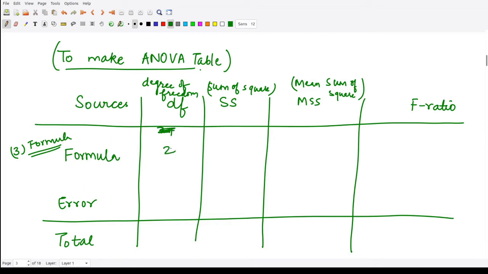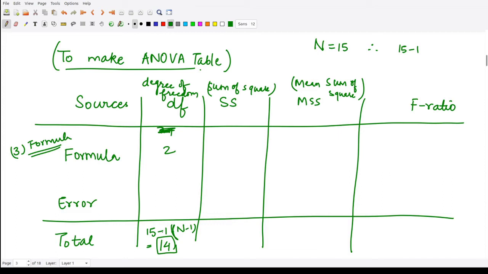Right? And because your capital N is equal to 15, the total degree of freedom would be 15 minus 1, or N minus 1, which is equal to 14 here. And what is the error quantity?